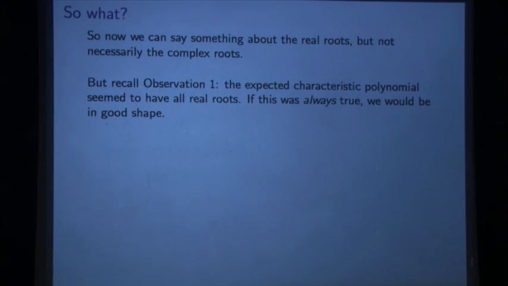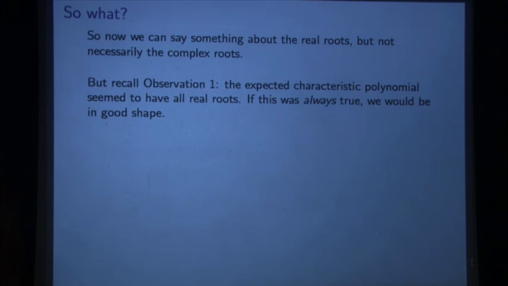Okay, so I've just told you what happens if I have real roots. So I can say something about the situation where we have real roots, but not necessarily complex roots. And that's a problem, because if my polynomials had complex roots, I would essentially have nothing to say. But if you recall observation 1, the expected characteristic polynomials seem to always have all real roots.